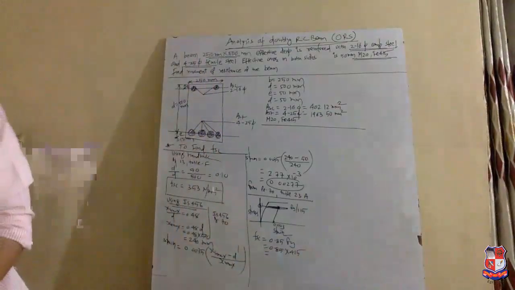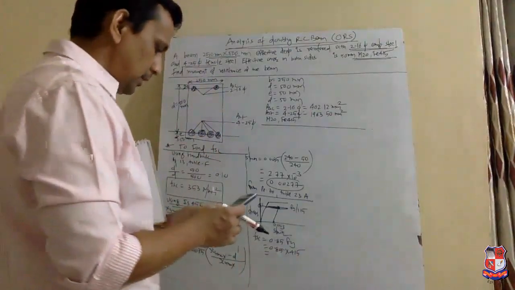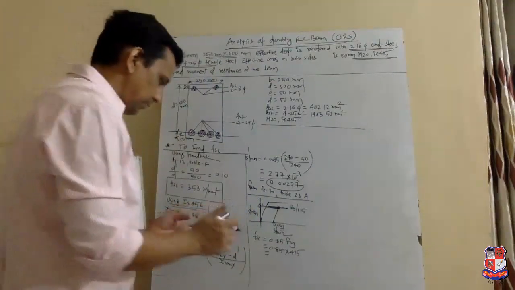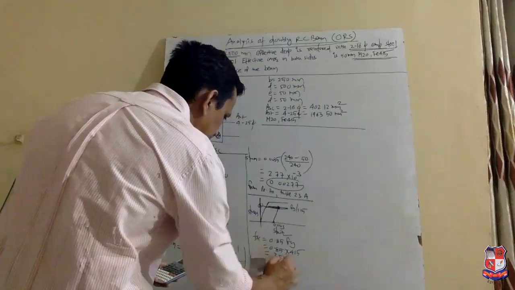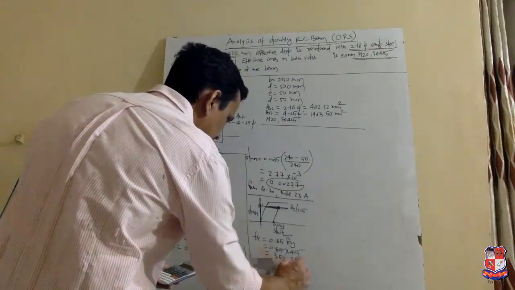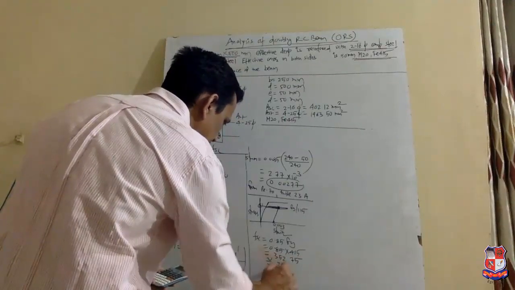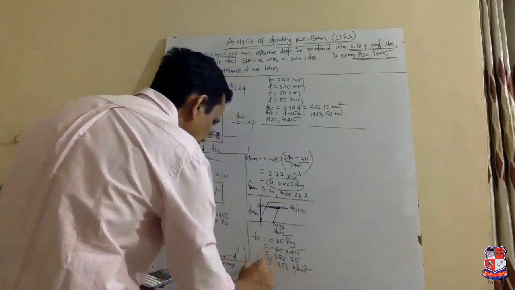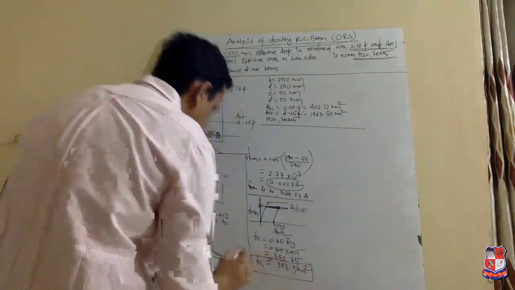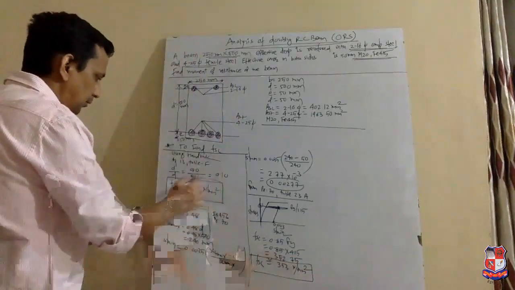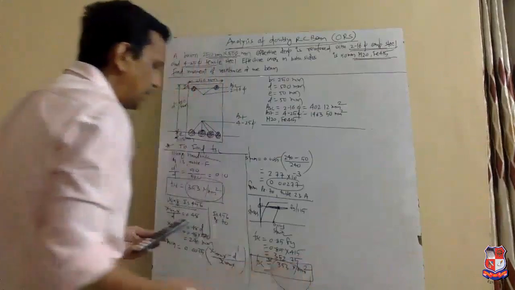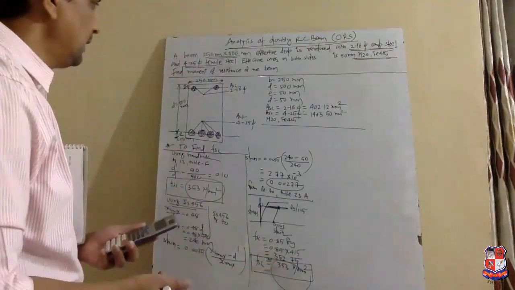When we calculate this, we get 352.75. It is almost 353 Newton per mm square. Right? The value from handbook as well as from IS 456 can be the same.